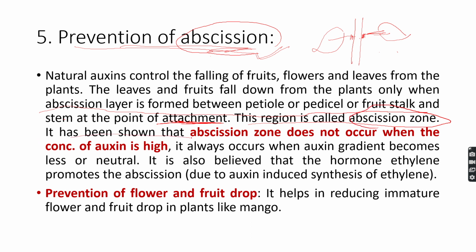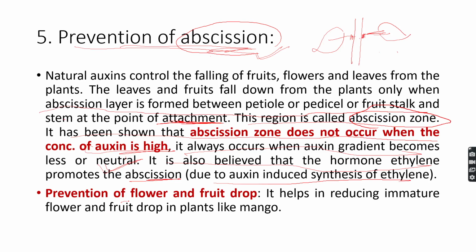It has been shown that abscission zone does not occur when the concentration of auxin is high. It always occurs when the auxin gradient becomes less or neutral. It is also believed that the hormone ethylene promotes the abscission, and also the abscisic acid is responsible due to auxin induced synthesis of ethylene.